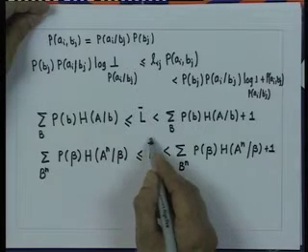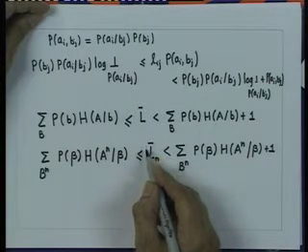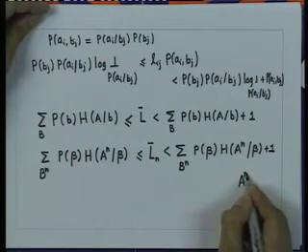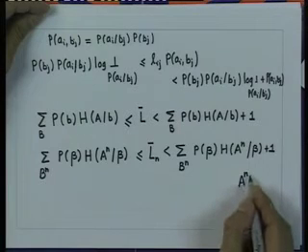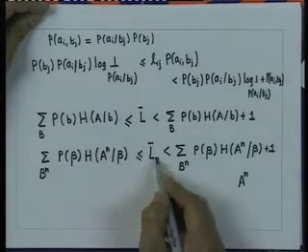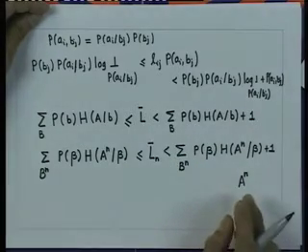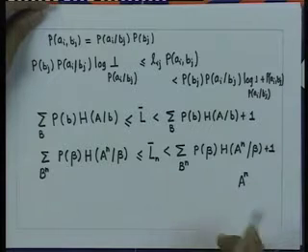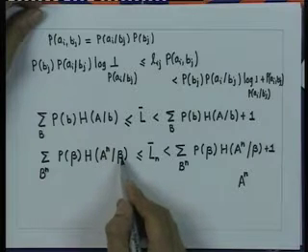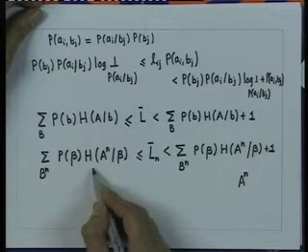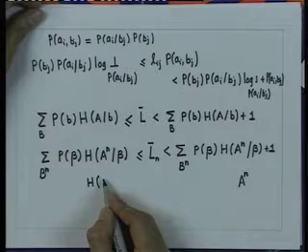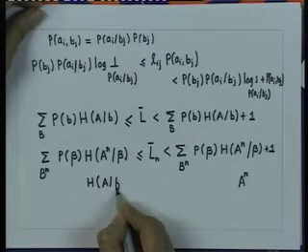Where Ln bar is the average word length of a channel from the source A^n, that is the nth extension of my original source A, or equivalently the average word length of n symbols from the original alphabet A. Now, each a posteriori entropy H(A^n given beta) can be written as the sum of n terms of the form H(A given beta).